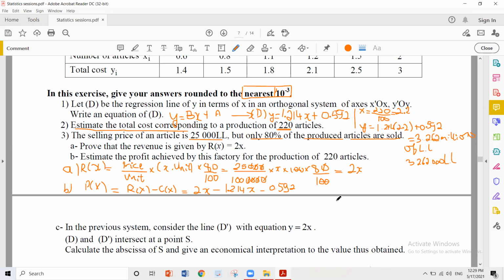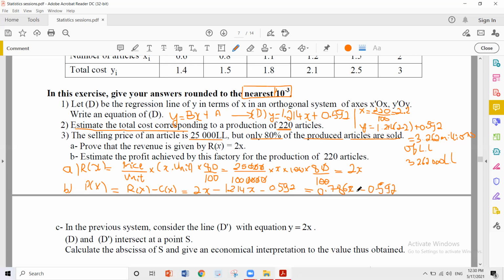Now, is it done or not yet? Not yet. We get 0.786x minus 0.592.